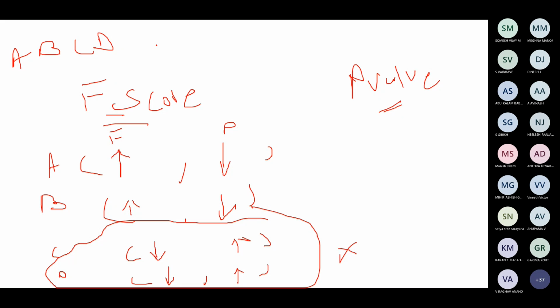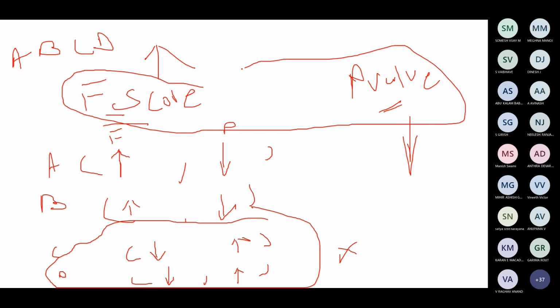The F score should be higher and the p-value should be lower. It means those two features are performing very well.